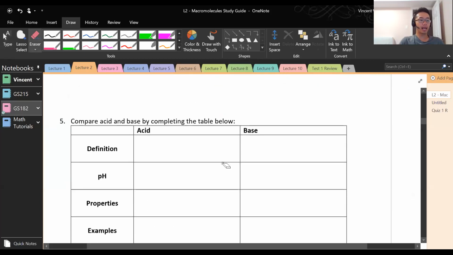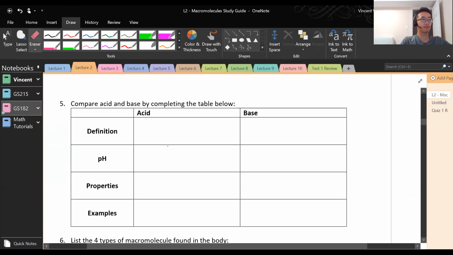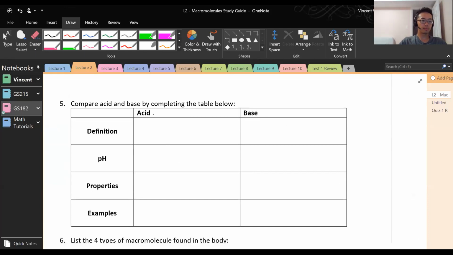Next, okay, comparing acid and base. So what is def? Yes, Michelle, go ahead. For the quiz, if we have any questions, would you be available for us to get in contact with you? I think the questions are fairly self-explanatory. I haven't had a situation where a student is like, "Oh, this question doesn't make sense. Like it has a mistake in it or something," right? But you can email me.